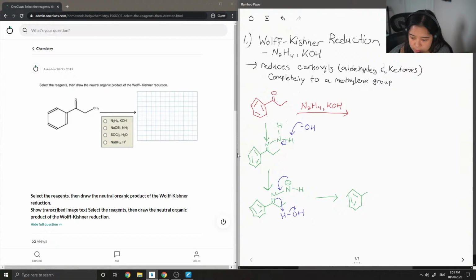And then the product after that has the new nitrogen double bond and a proton there.